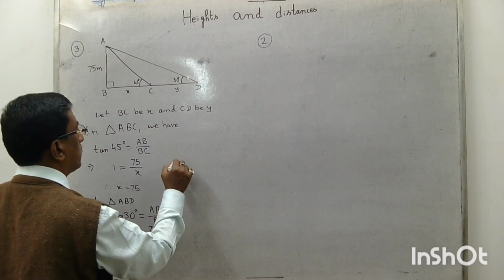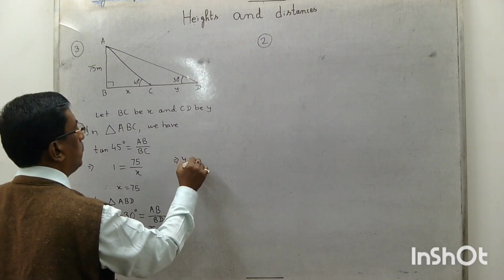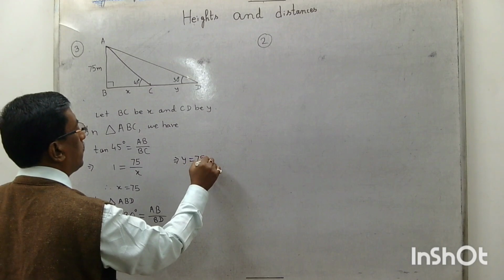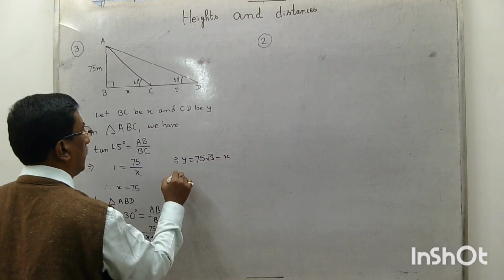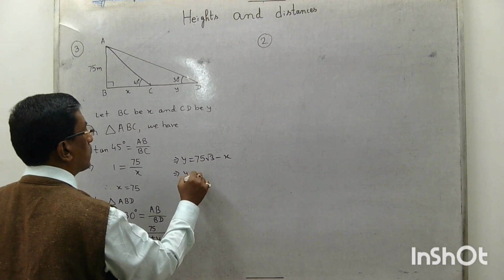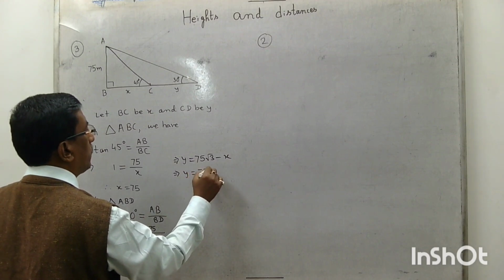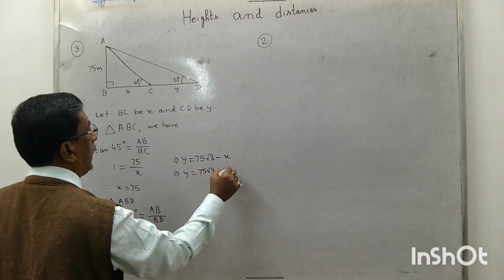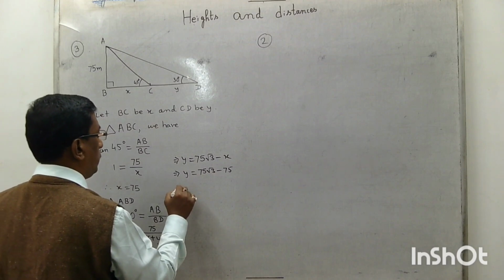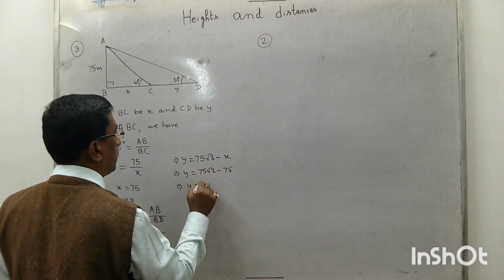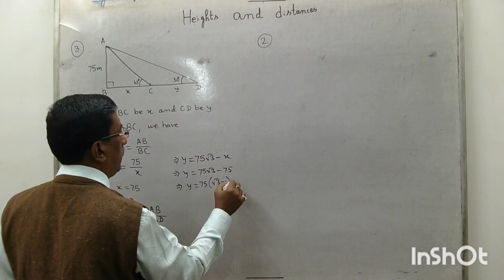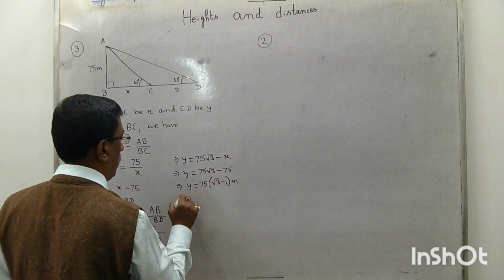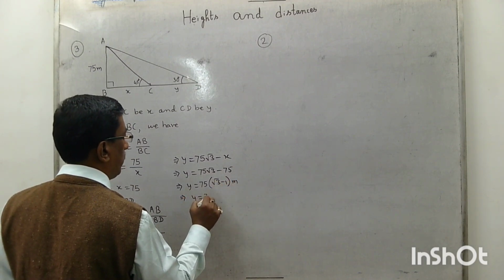That means Y equals 75 root 3 minus X. That means Y equals 75 root 3 minus 75. So ultimately we take 75 common, root 3 minus 1 meter.